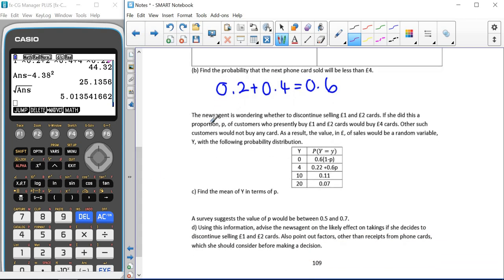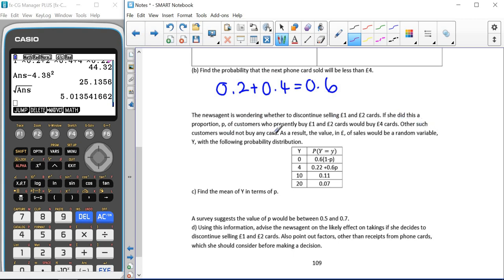So then we're given some extra information. The news agent is wondering whether to discontinue selling £1 and £2 cards. If she did this, a proportion P of the customers who presently buy £1 and £2 cards would buy £4 cards.